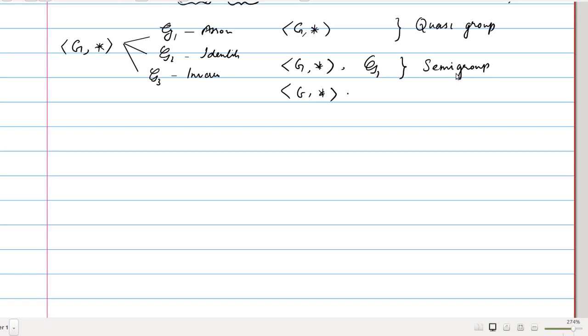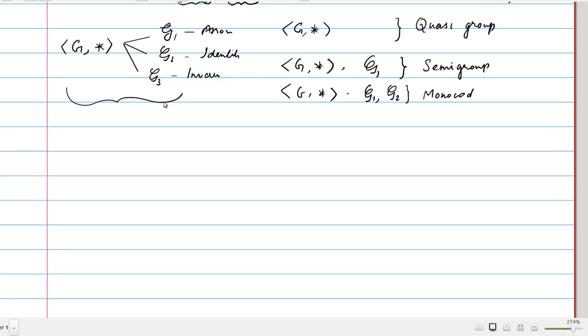Then that is called a semi group, and if we have the first two axioms, G1 associativity and G2 the existence of identity, so if you are not bothered about the existence of the inverse, then this structure is called a monoid. Obviously G with all three axioms is called a group.